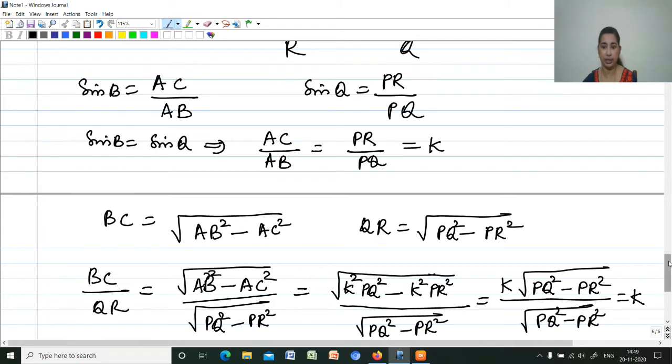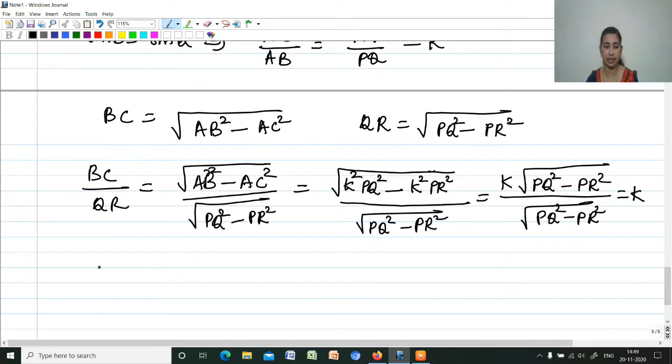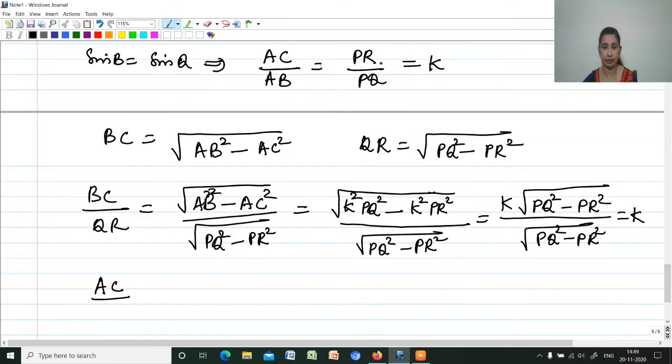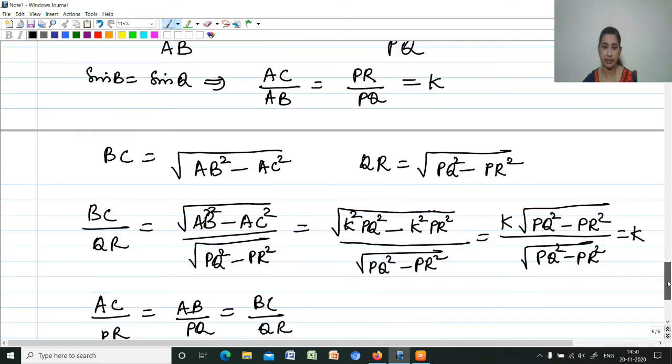So what can we say? All these three ratios are same, that is AC by PR, this we can bring it to the side, and AB we can take it to the other side. So AC by PR is equal to AB by PQ is equal to the third ratio BC by QR. So we can say that these two triangles are similar triangles because the sides are proportional.